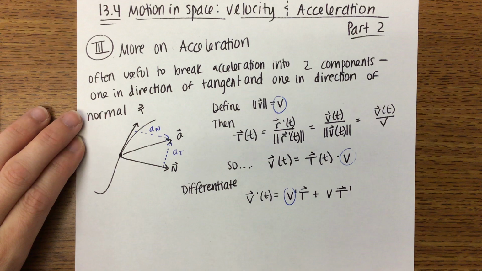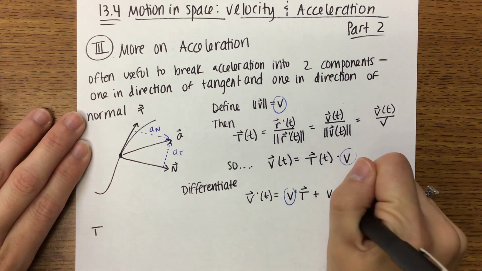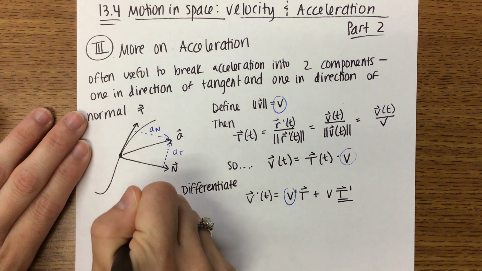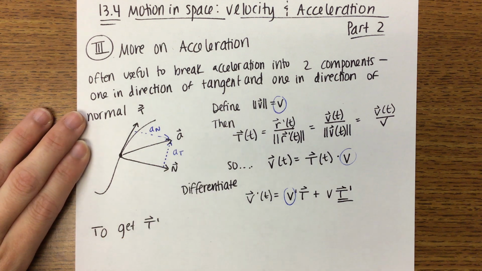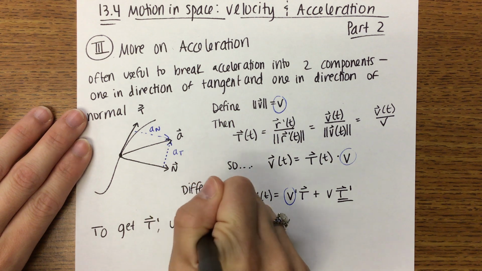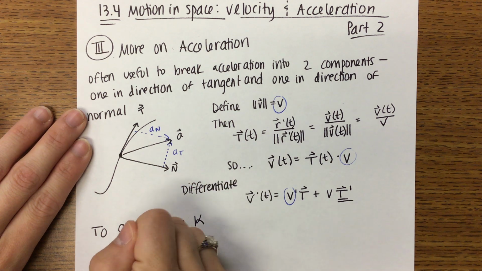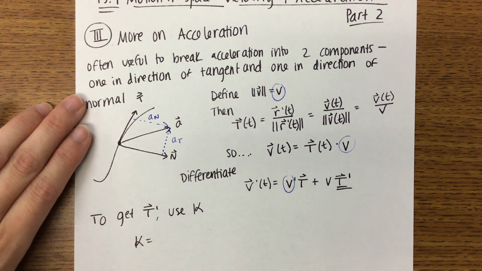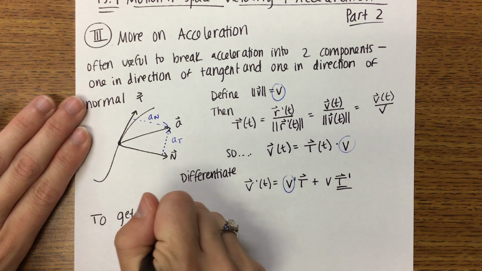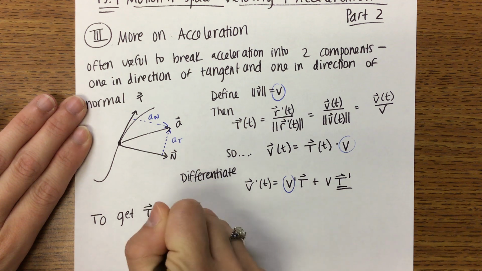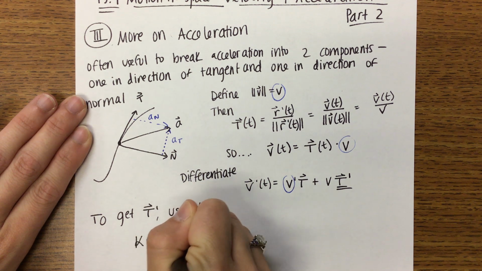Okay, so this is one that we're going to have trouble with. To get the derivative of the unit tangent vector, we're going to use curvature. If you can recall, one way to find curvature is the norm of T prime divided by the norm of r prime of t.